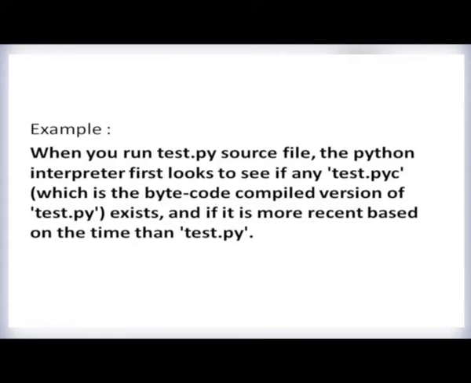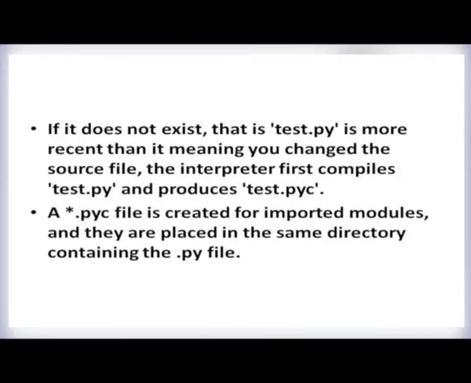If so, the interpreter runs it. If it does not exist, that is, test.py is more recent than it, meaning you changed the source file, the interpreter first compiles test.py and produces test.pyc.